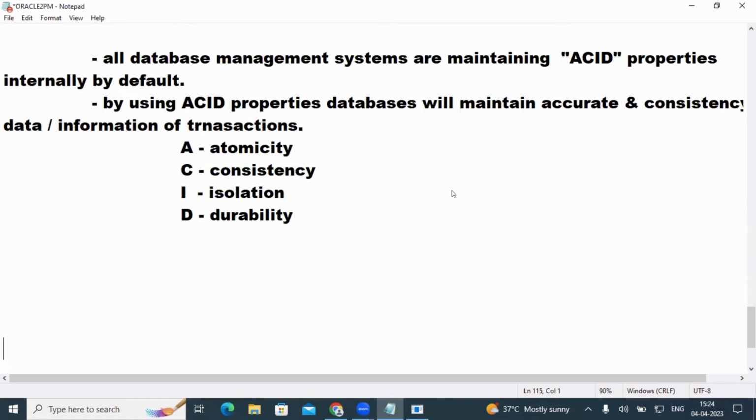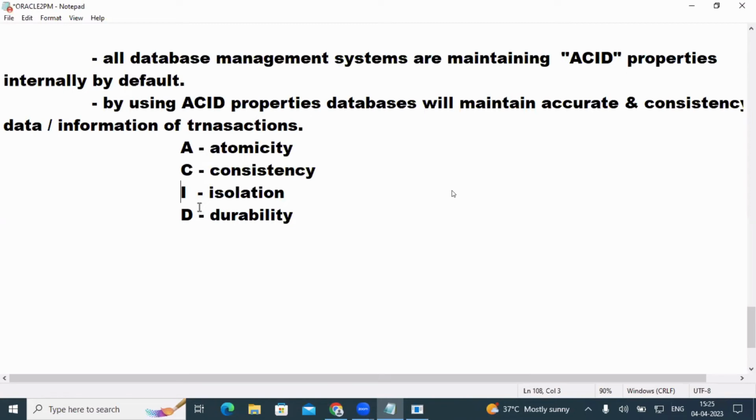And listen, with these ACID properties, we don't want to do any kind of program or any kind of queries. We don't want to write anything, because these properties are already built in your database. Each property will do a particular task.